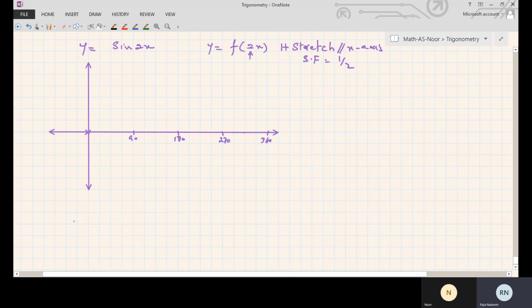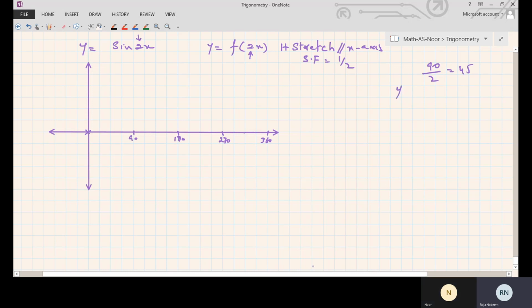Whenever any number is multiplying with x, you take the interval by checking 90 is the difference, and divide by that number. 2 is multiplying with x, so 90 divided by 2 means 45. You'll use the calculator, you'll not show the working on the graph, but use the calculator to find all the values at a difference of 45. How?